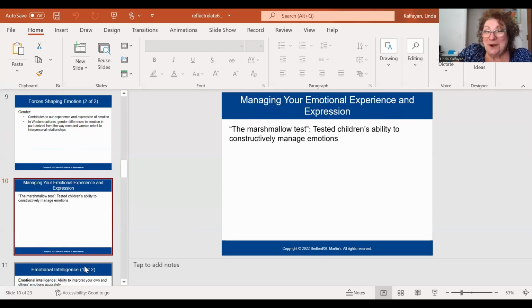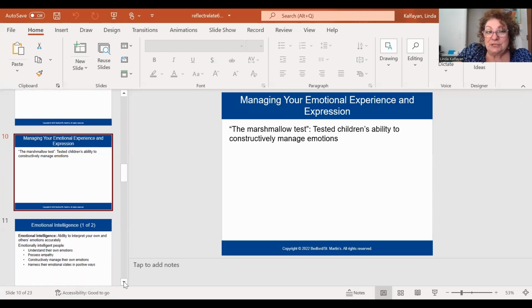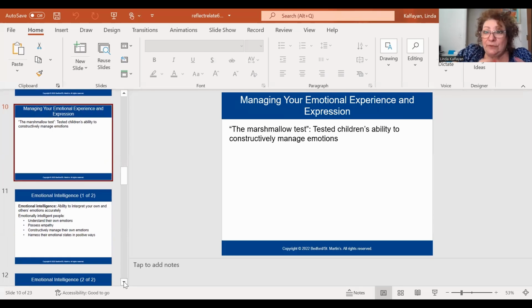So the marshmallow test, many of you know, is the M&M's test. I think on YouTube they put M&Ms in front of the child and they say, don't eat this until mommy comes back to the room, or someone comes back to the room. That's what you want to do. I'm feeling sad, so don't act on it right away. Step back, observe your behavior, maybe emotion share in between.